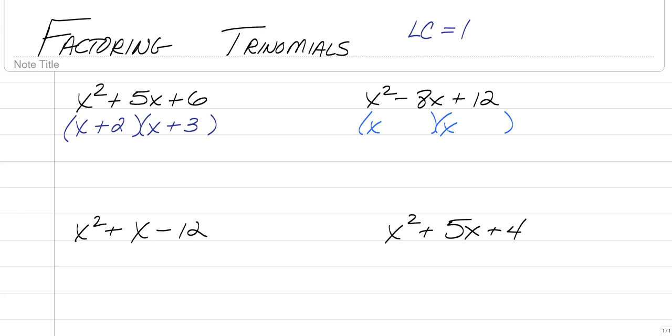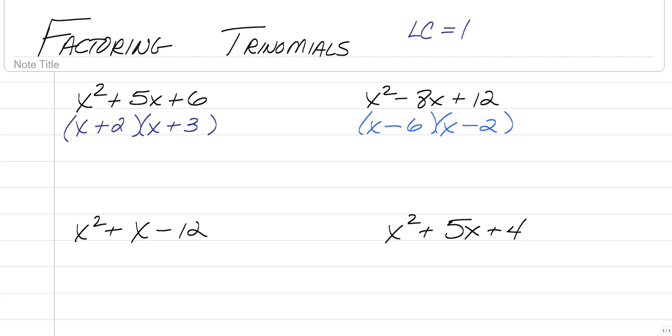The only way to multiply to a positive number is to multiply two positives, or, in this case, two negatives. So what two negative numbers would add up to a negative 8? That would be a negative 6 and a negative 2. Okay, and if you wanted, you can FOIL that to make sure that you get x squared minus 8x plus 12, but I can tell you for this one, that's right. No need to check, but you can if you want.